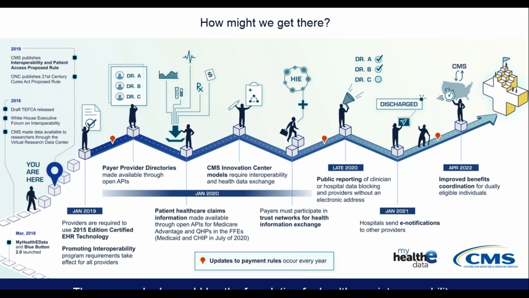We are seeking comment on how CMS can support these post-acute care facilities in further adopting health information technology and also advancing interoperability among those post-acute care settings. So we are very eager to get some feedback on how the public thinks that we can make that happen to really improve the care across the care continuum.